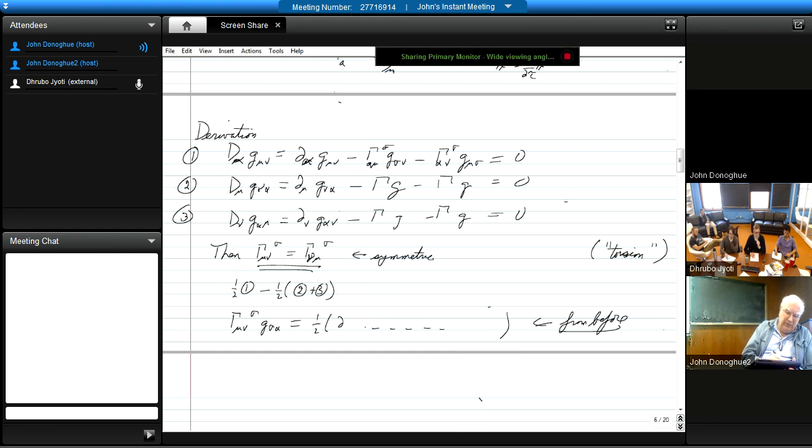The other way to do it was just to plug away, taking different combinations. You could get it to work.